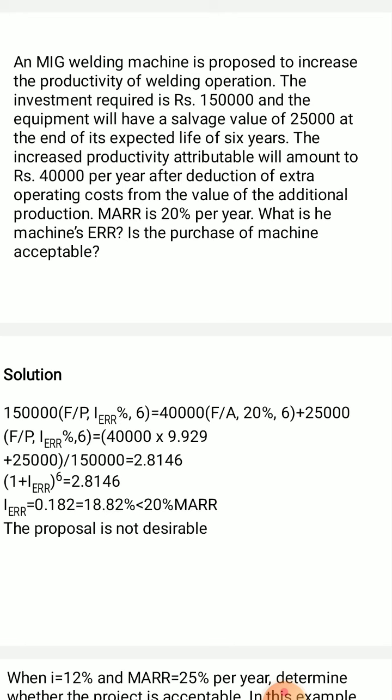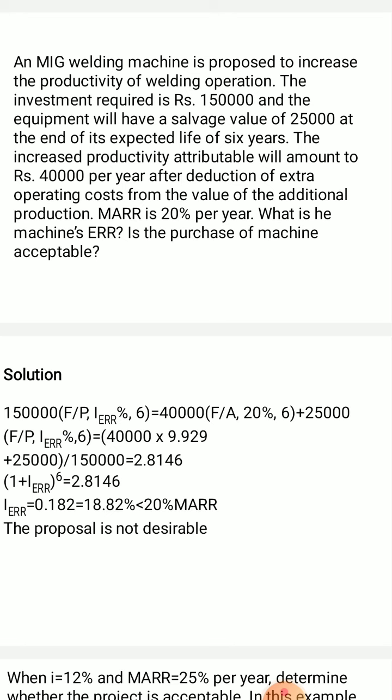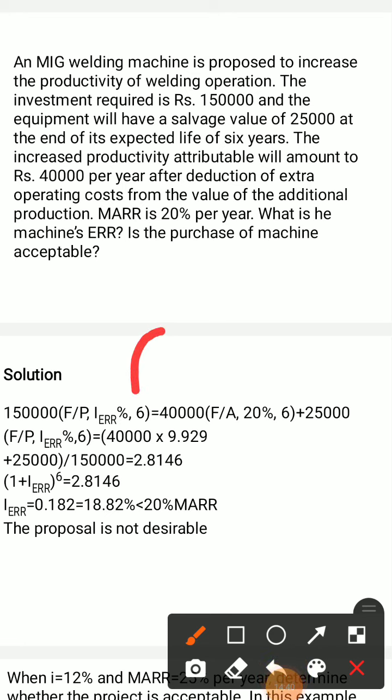So here 1,50,000 is considered as a single payment compound amount, F by P, with some external interest rate, and that interest rate again for a 6 year period of time.